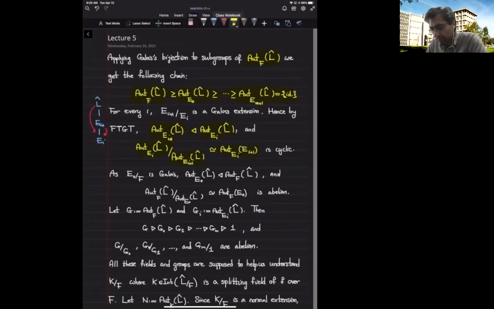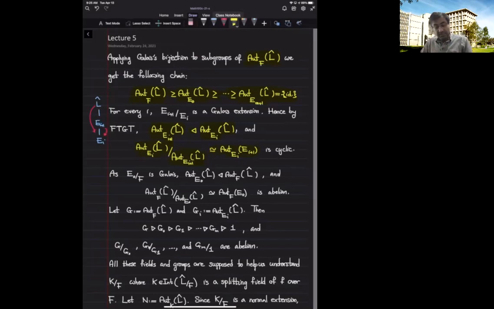This comes from the restriction map. We start with an automorphism of L hat and restrict it to get an automorphism of E sub i plus 1. Knowing that it's a normal extension over E sub i, we get a well-defined automorphism of E sub i plus 1, and by definition the kernel of this map is precisely this.